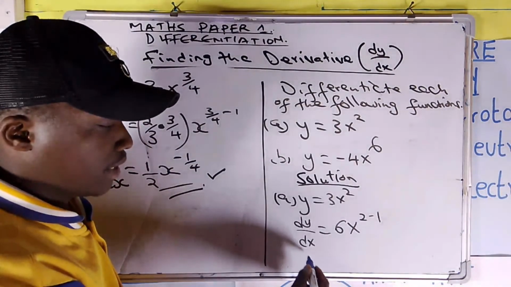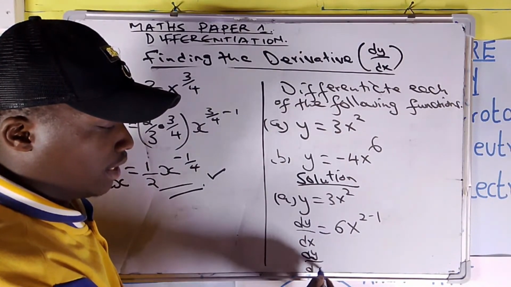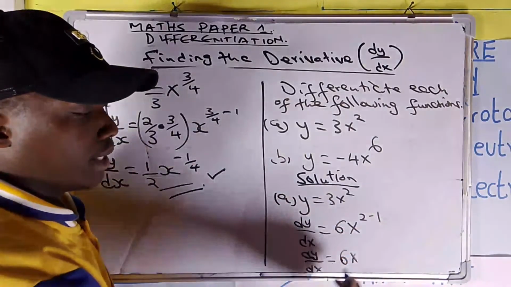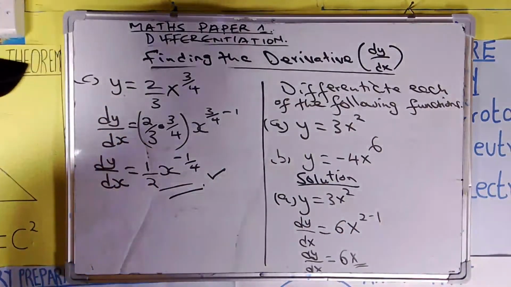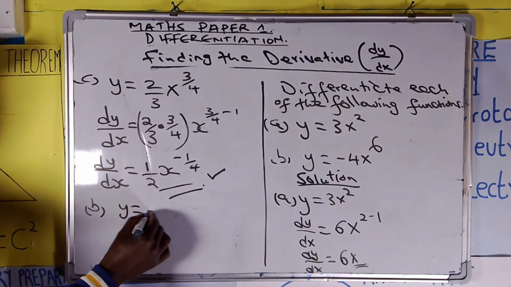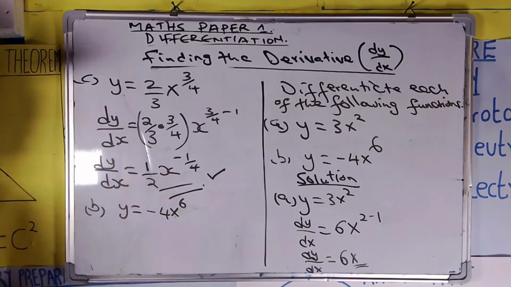That will give us dy over dx is equal to 6x. 2 minus 1 is 1, so it will just be left as 6x.